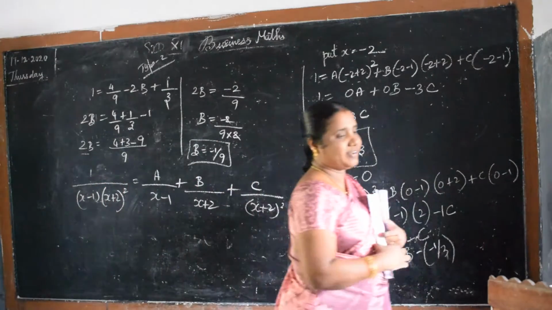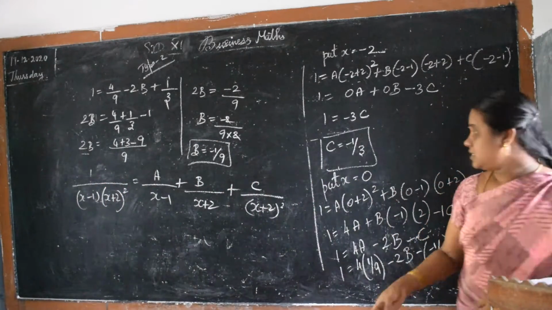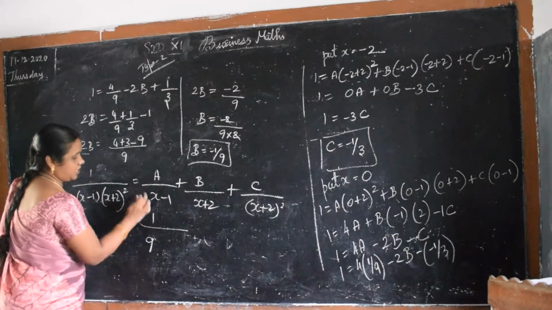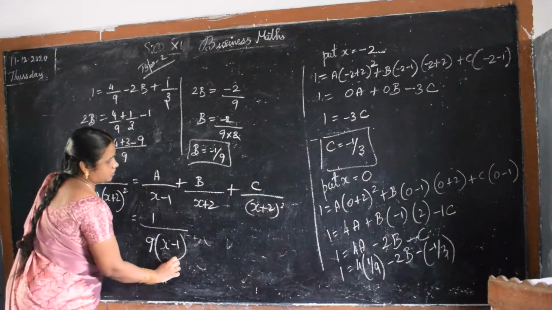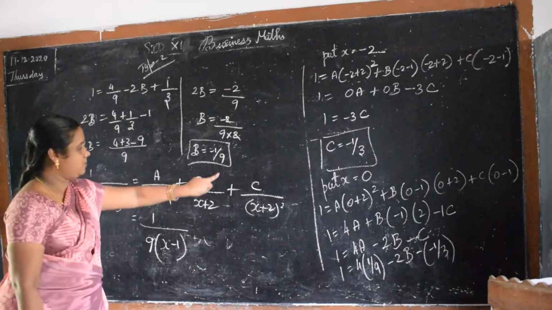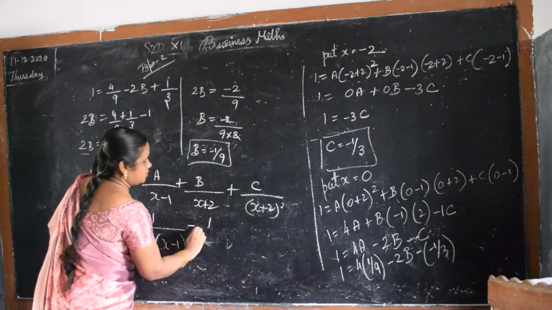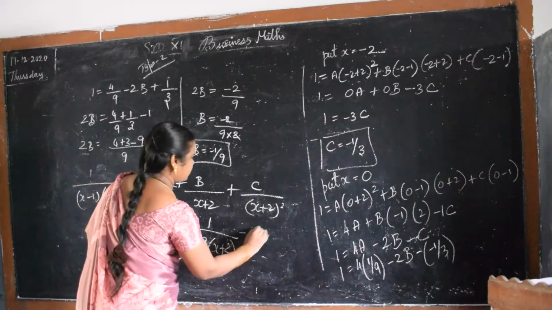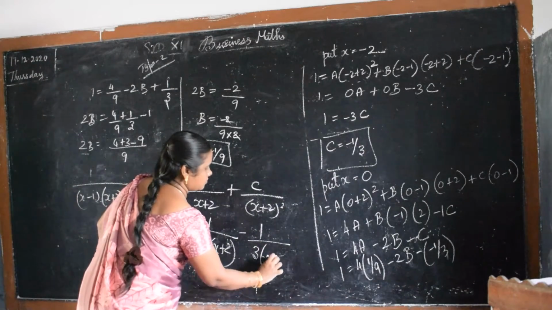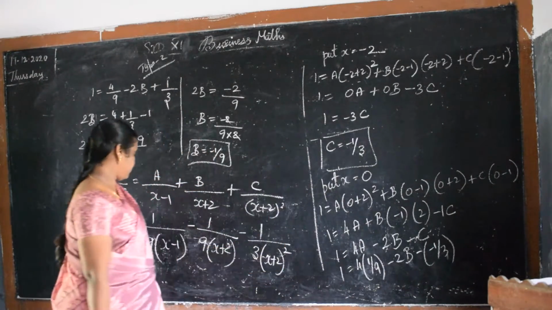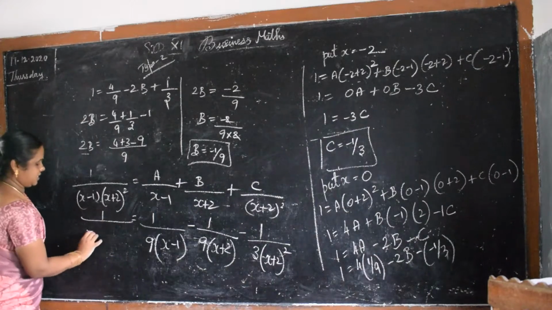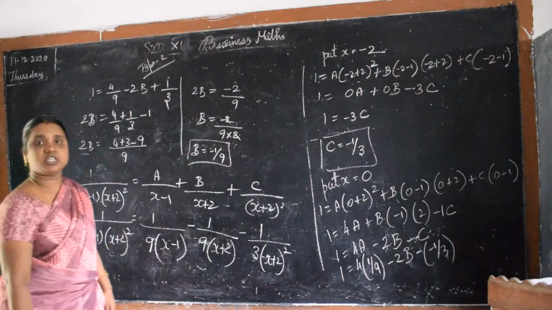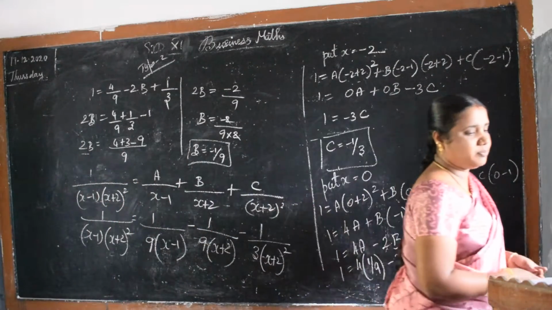Now you substitute all the values of a, b and c. What is the value of a? 1 by 9. The value of b is minus 1 by 9, so put minus. Value of c is minus 1 by 3. LHS write as such. Have you understood, children? This is the answer for the third problem.